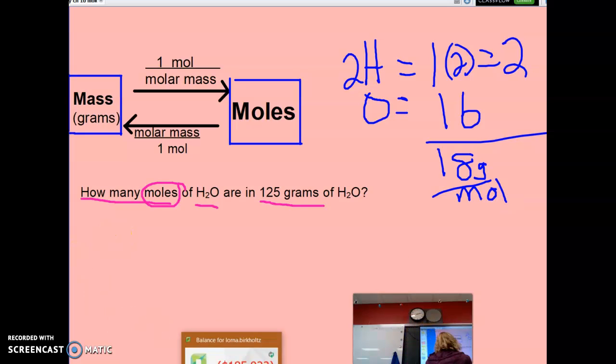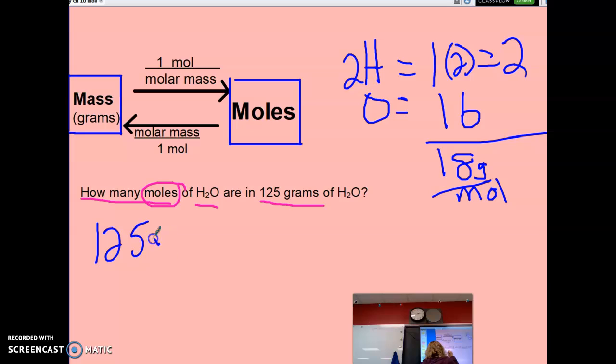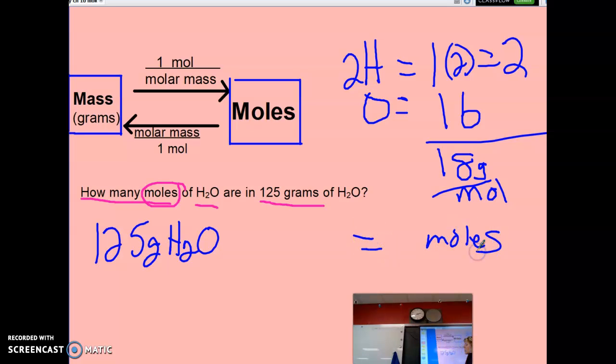So I'm going to start with 125 grams, and I know I want to end up with moles. I'm going to use this conversion factor right here. I want to use my conversion factor so that grams will cancel out, and I want to end up with moles. Since I want to end up with moles, I know moles needs to be on top.